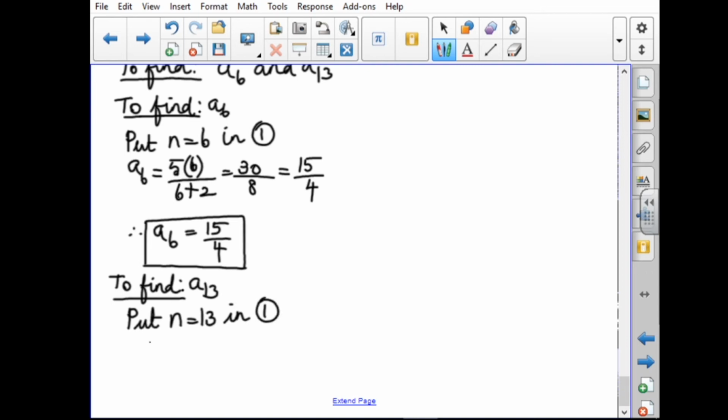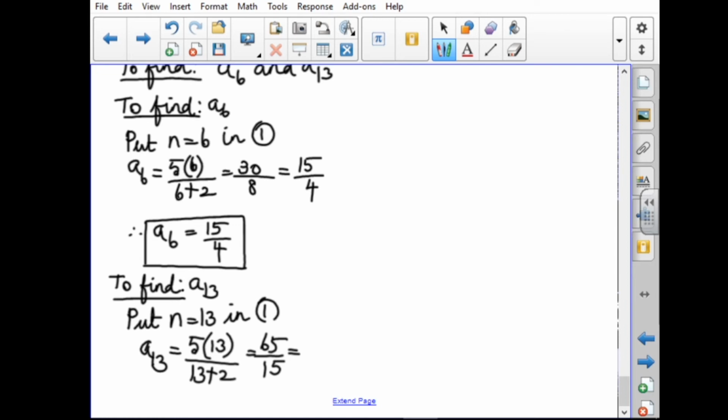So a13 equals, instead of n you substitute the value 13, that is 5n: 5 into 13, and the denominator is n plus 2, so 13 plus 2. 45 divided by 50, sorry, not 45, 65 divided by 50.